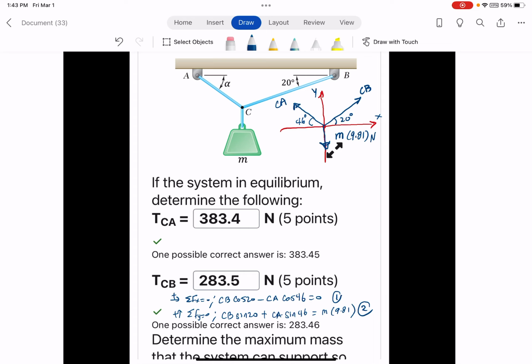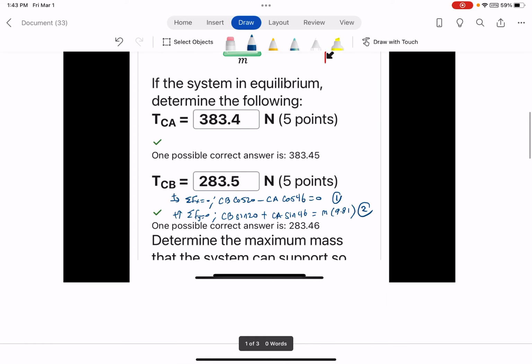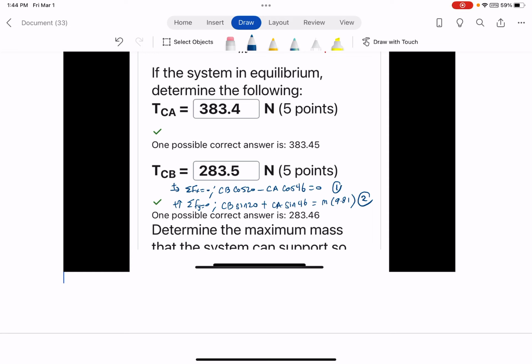So 0.94 CB minus cosine 46, which is 0.69, CA equal to 0.